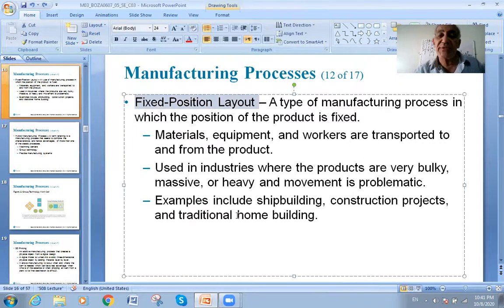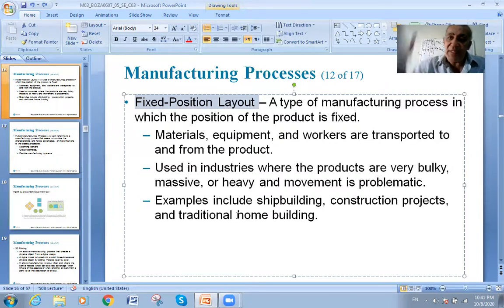Fixed position layout is like the planes, like making planes. When you see the manufacturing of planes, it takes this figure here, because the product here, the construction, is very heavy, you cannot move it. So all the workers come to feed it with the inputs.